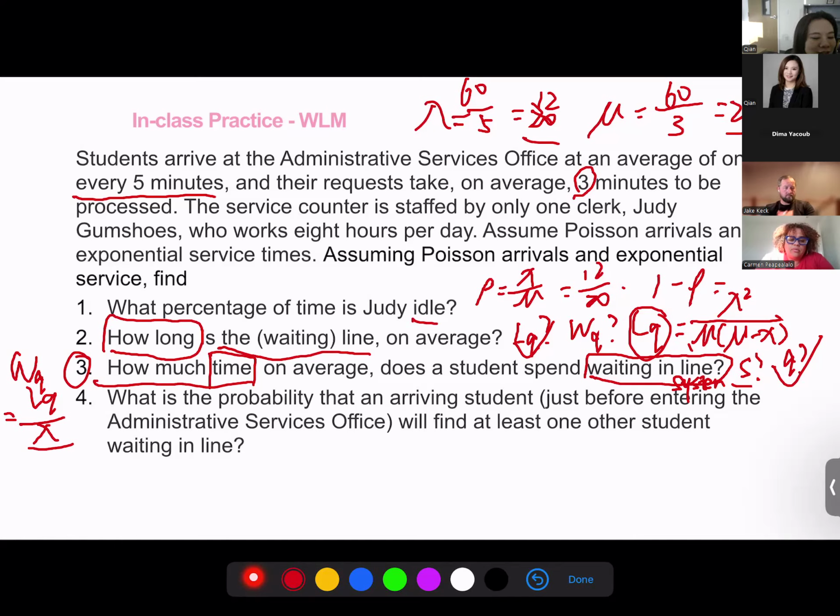Then let's continue with the last one. The last question is asking what is the probability that an arriving student, just before entering the system, will find at least one student waiting in line. So at least one student waiting in line is the same as at least 2 students in the system.